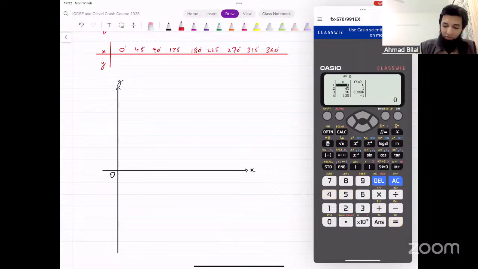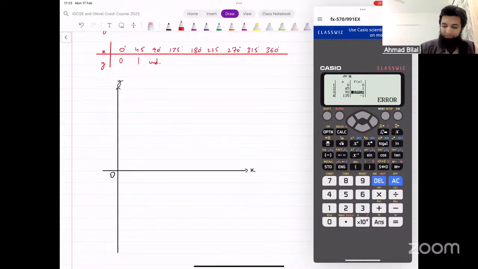At 0, I'm getting 0. Y value is 0. When x is 45, y value is 1. When x is 90, we are getting an error. What does that mean? Error means that the tan function is undefined at this point. When x is 90, y is undefined.